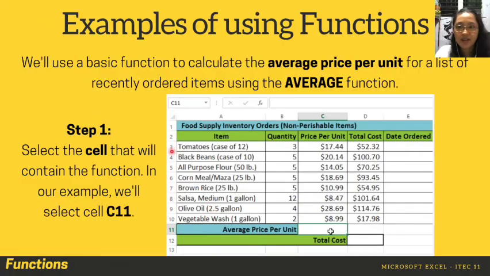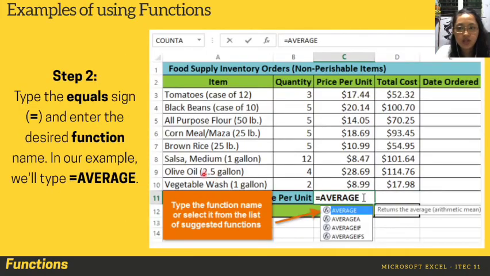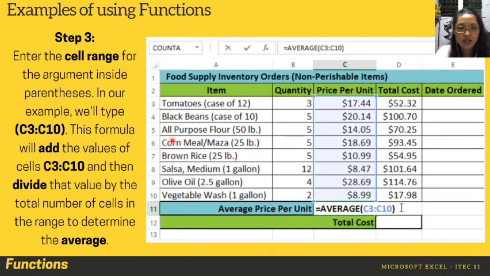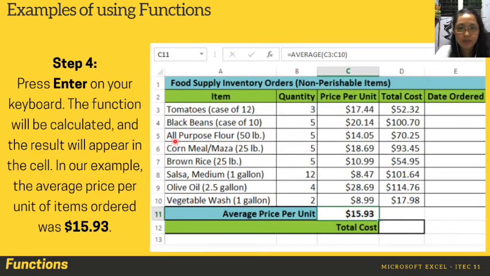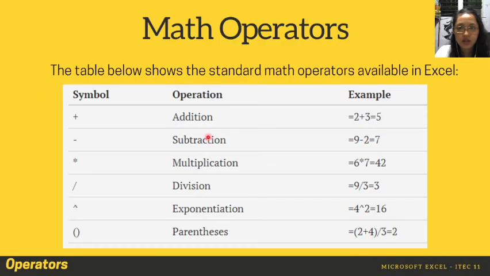Okay. So, example of using function. Just see na lang. Let's move on to another topic. So, these are the examples. So we have the math operators. As we discussed a while ago, we use the addition, subtraction, multiplication, division. For the exponent, we have this one. And for the parentheses, we have this one.